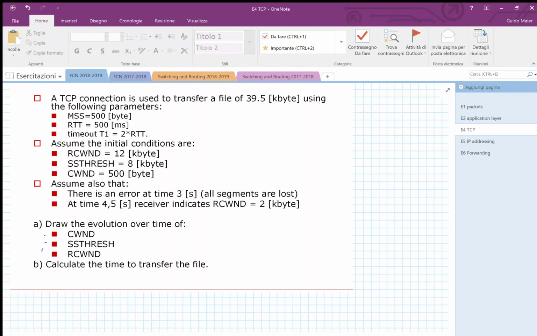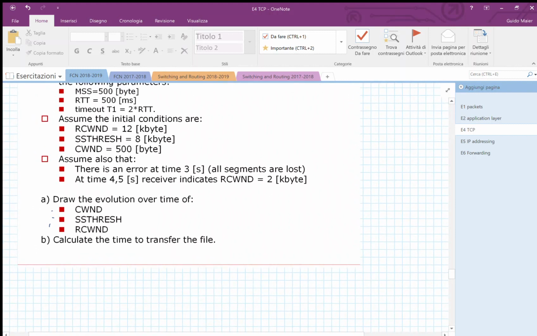So the first step in this kind of problems is to normalize everything in multiples of maximum segment size in the case of the size, and multiples of round trip times in the case of the times.